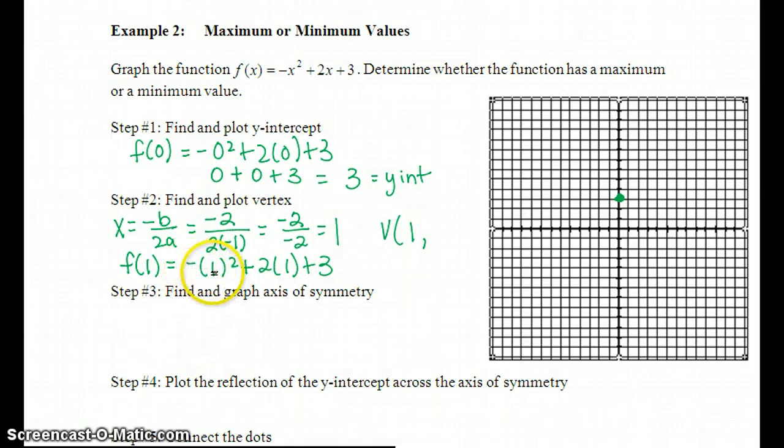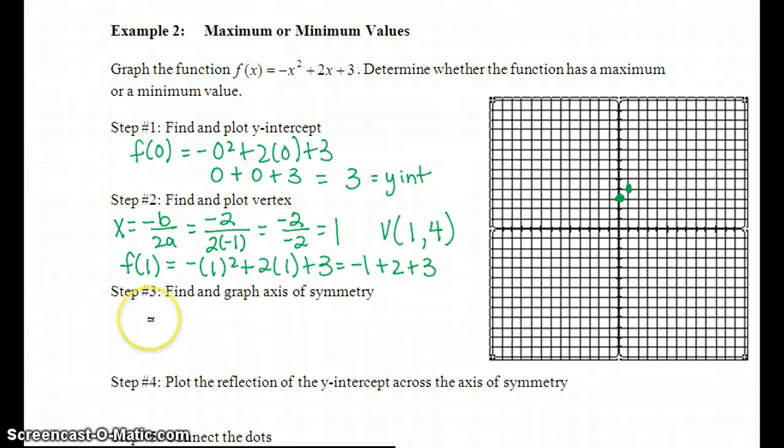So negative 1 squared is negative 1, plus 2 plus 3. That's going to give me positive 1 plus 3, which is 4. That's my vertex: positive 1, and then up 1, 2, 3, 4.